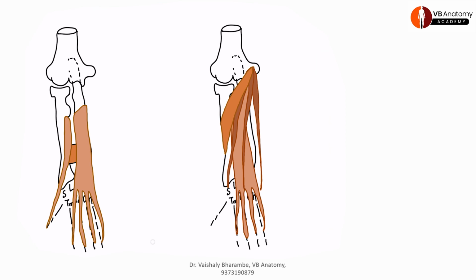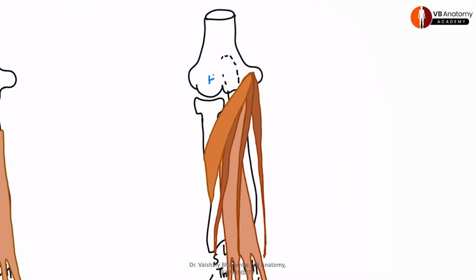Let's now perform the last exercise, which is labeling them. Let's begin by labeling the bones, the humerus, the radius, and the ulna. Now label the muscles.